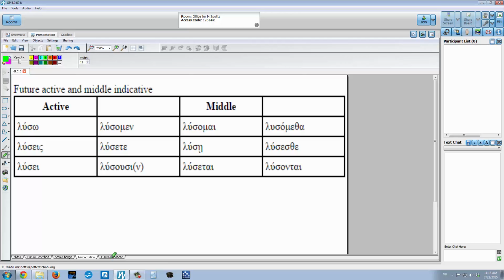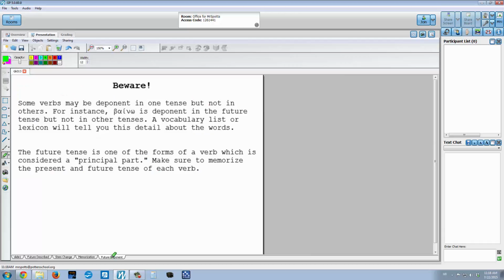I do need to warn you about something that will happen though. Beware, oh beware. Some verbs might be deponent in one tense and not in another tense. For instance, the verb baino is deponent in the future tense, but it isn't deponent in other tenses. Now, that will be annoying.